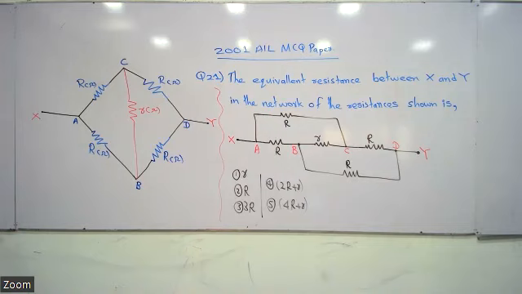Therefore, no current flows through the BC branch.